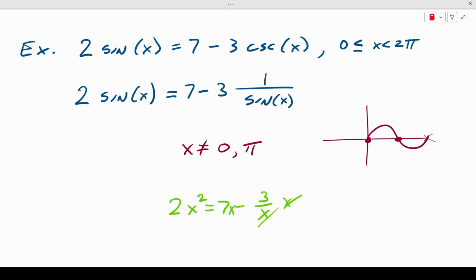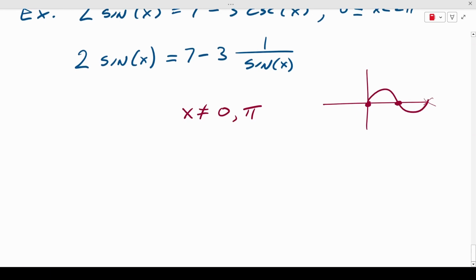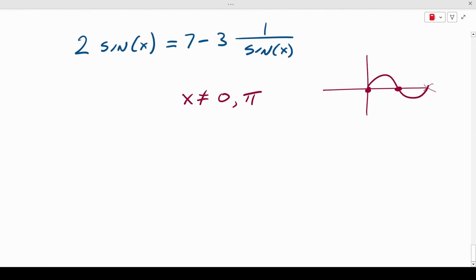Now, if you want to use a dummy variable, go ahead. There's no problem with that. You could let u be sine of x. I'm going to work through this without the dummy variable, okay? But I'll just be nice and careful as I go. So I'm going to multiply through by sine of x.